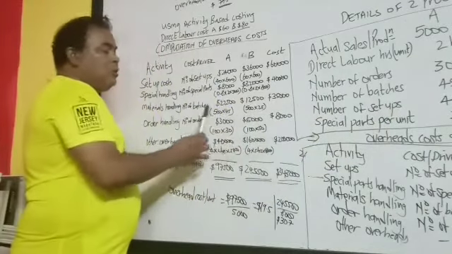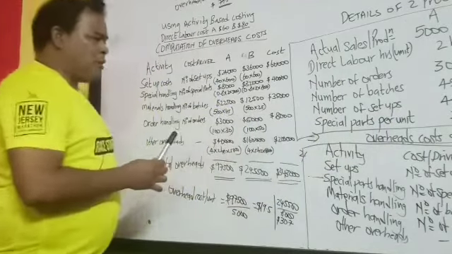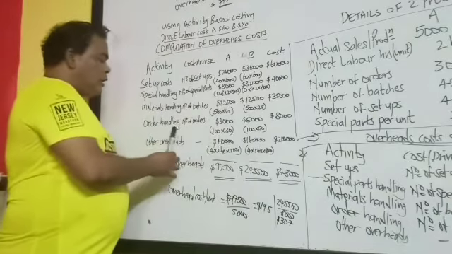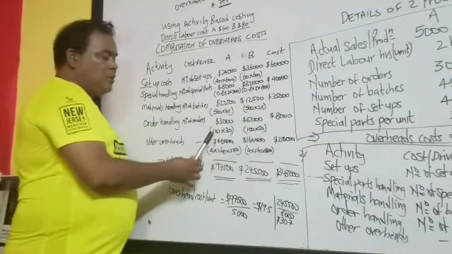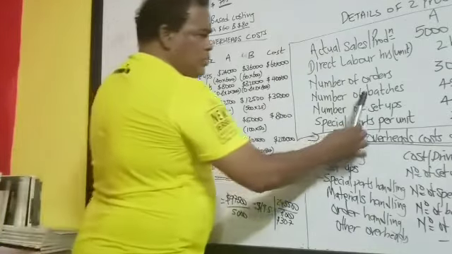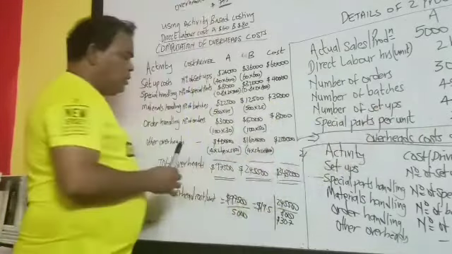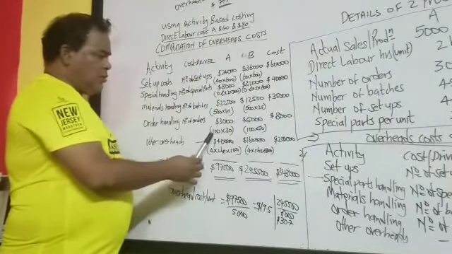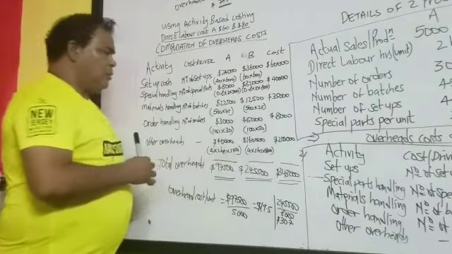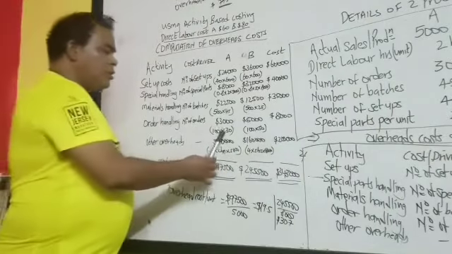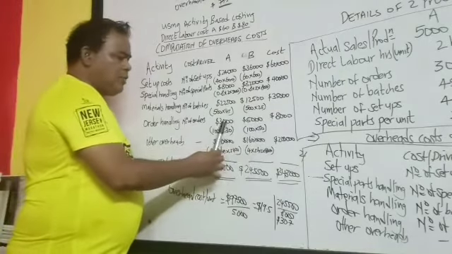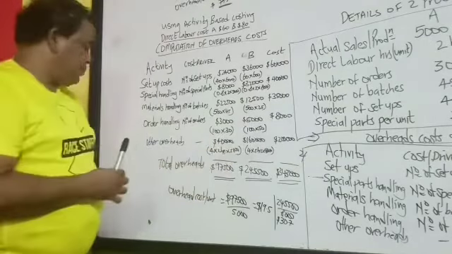This we get 22,500 and 12,500. Order handling, number of orders. Here we have the number of orders 30 and 50. We just have to multiply it by the cost driver rate 100: 100 times 30, 100 times 50. It will be divided in this way, 3,000 and 5,000.